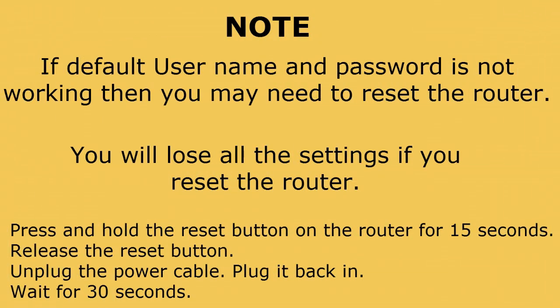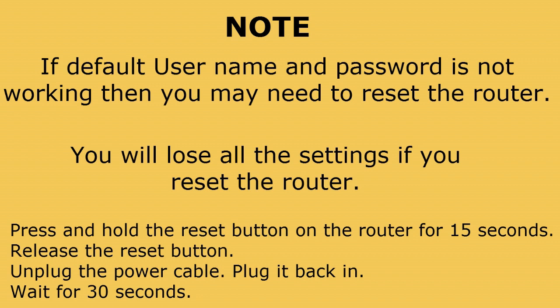Now if you have installed this router before and if you have changed the password of your router, then type in your password. If you do not remember any password, then you will need to reset your router so that it will come back to factory default settings and we can use the default password. Now remember, if you reset the router, it will come back to the factory default settings and you will lose all the settings, all the network settings of your router.